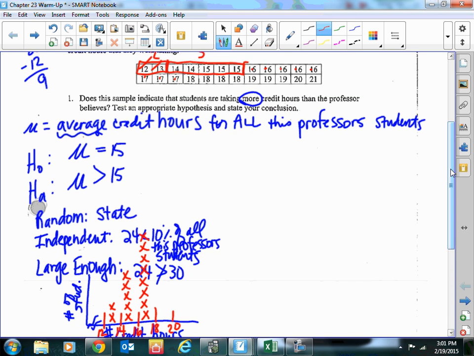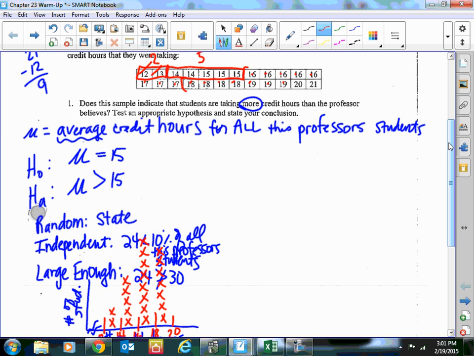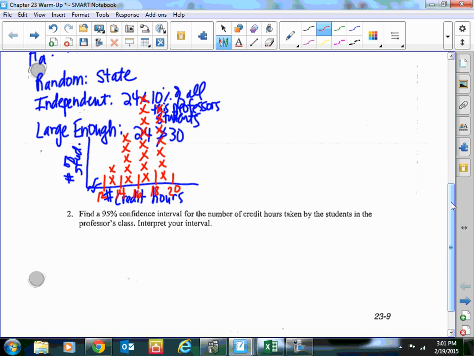Now I have the next bar. The next bar has 18s and 19s. 1, 2, 3, 4, 5, 6, 7. I've got 7 in the next bar. And then the last bar has the 20s and the 21s, and there are 2 of those. So I have 2 in my last bar.